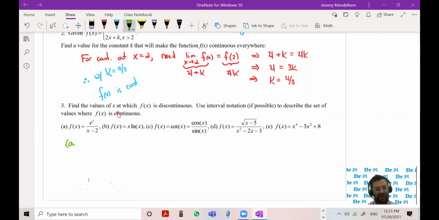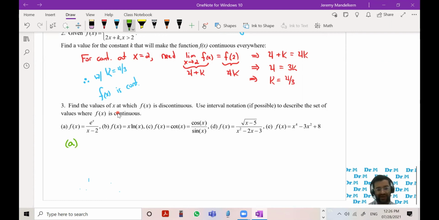Part a is a quotient function. The exponential function in the numerator is continuous for all real values, and the denominator is continuous for all real values, except that the denominator could be 0, and it is 0 when x is 2. That x value of 2 is not permitted.